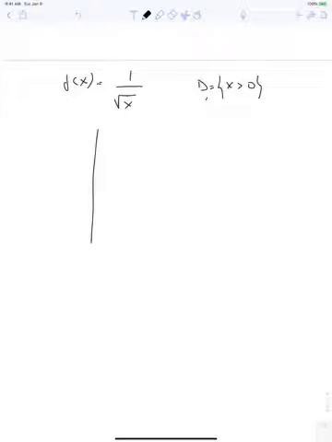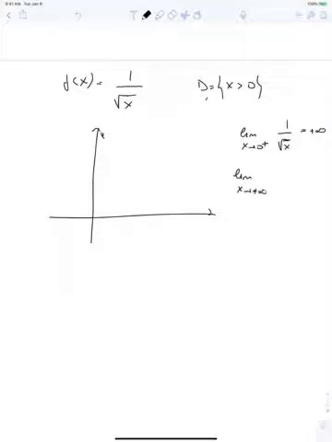Now this function here, well, the limit for x that goes to 0 plus of 1 divided by the square root of x is 1 divided by 0, which is plus infinity. The limit for x that goes to plus infinity of 1 divided by square root of x: the square root of a big number is a big number, so 1 divided by a big number is 0, and it's always positive.